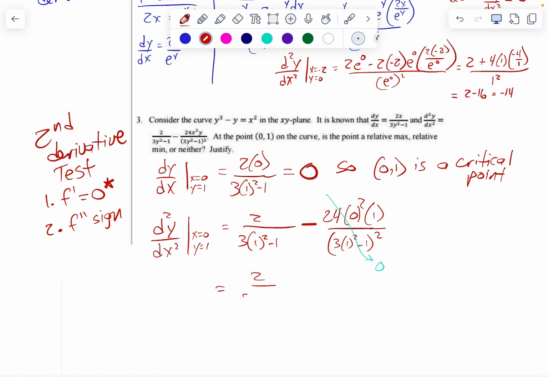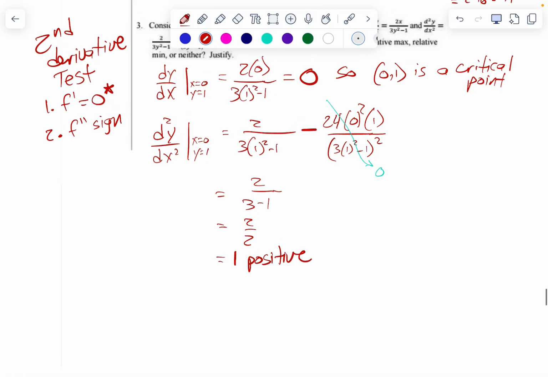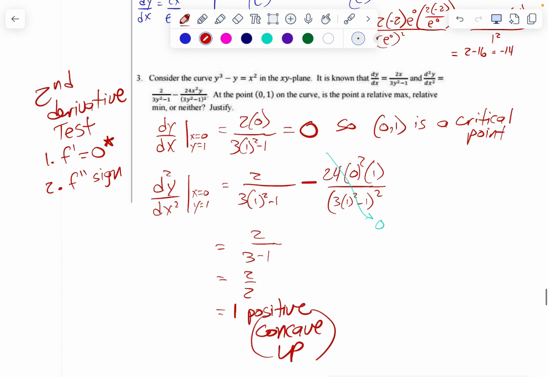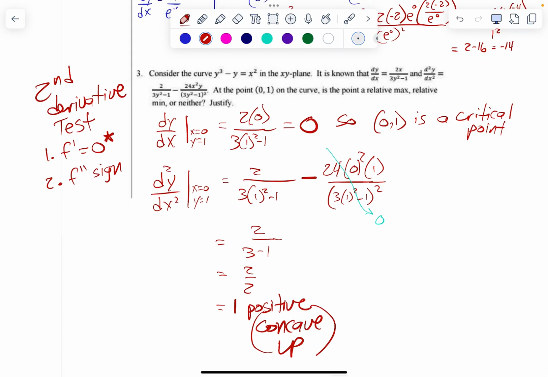So this is going to be 2 over 3 minus 1, which is 2 over 2, which is 1. And the big deal there is that it's positive. Everybody following, or are we going too fast? Good. So what do we have at this point? We have a critical point with a concave which way? Yep, concave up. So we have a relative minimum.